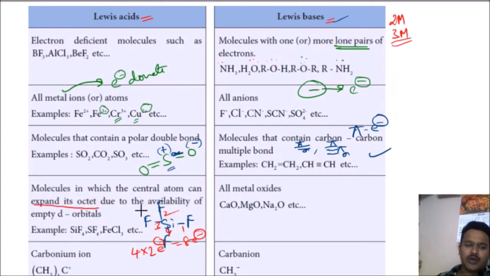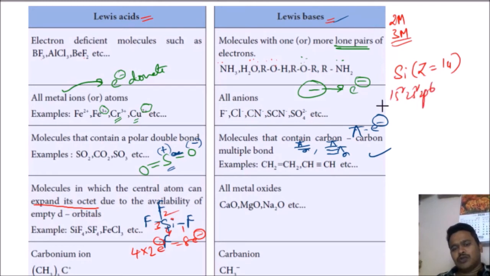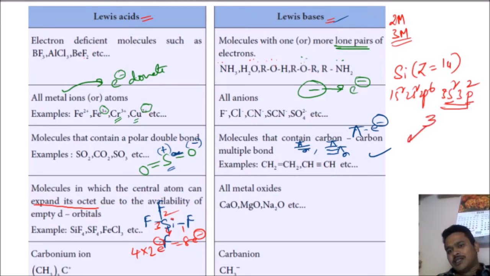Above the octet rule also they can go, because of silicon. Silicon's atomic number is 14. Configuration: 1s2, 2s2, 2p6, 3s2, 3p2. Here the third shell already exists, with 2 electrons in 3p. Whenever the third shell exists, s, p and d orbitals exist.